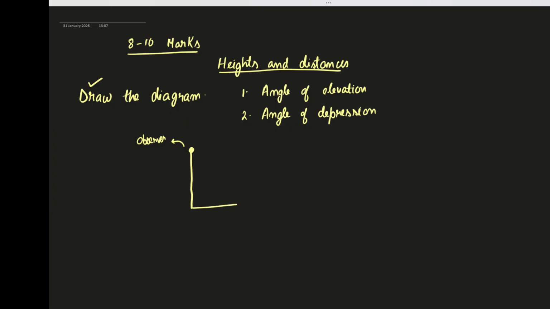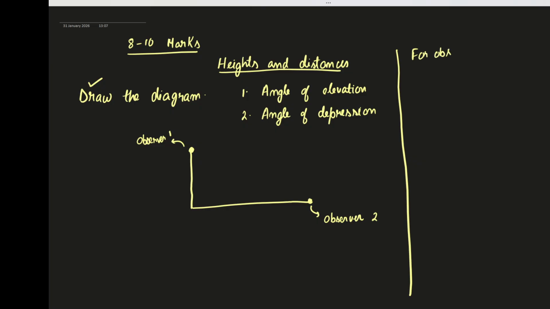And let's say there is another observer here. This is observer 1. This is observer 2. So we will understand how the angle of elevation and angle of depression work. From the perspective of observer 1, the problem statement is that observer 1 standing on top of this building is looking at observer 2 who is standing on the ground, right?